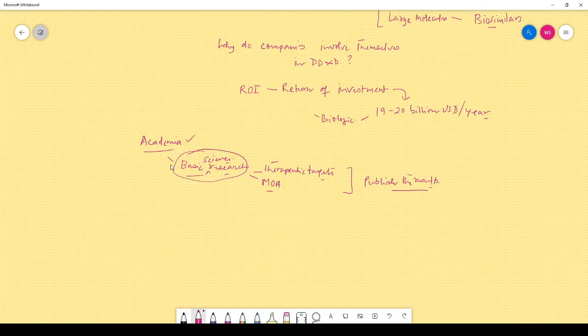Okay, whereas further things which require an investment, so drug discovery is not cheap, as we alluded earlier, 3.6 billion US dollars. So that might not be within the reach of academia. Therefore, they limit themselves to this area, basic science research, which falls within drug discovery.